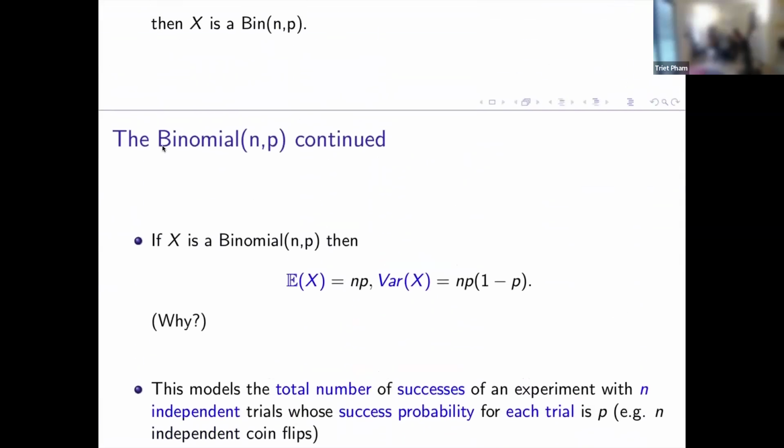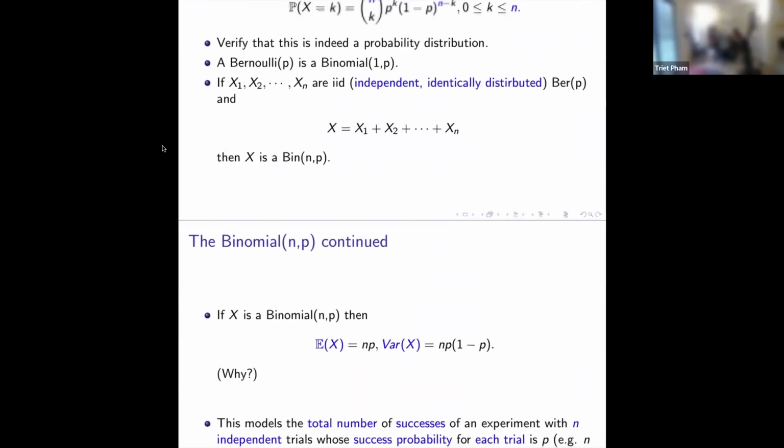This connection allows us to derive this very easily, using the law of expectation and variance, versus having to go through the definition and derive this, as I showed you last time.